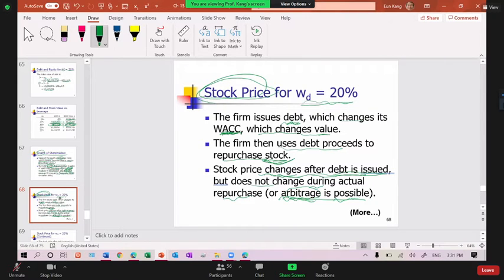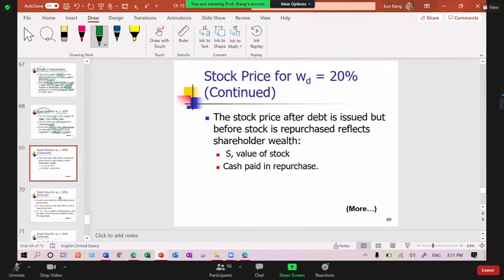And then let's calculate stock price. When that ratio is 20%, the stock price after debt is issued, but before stock is repurchased, reflects shareholder wealth. That's exactly what I said.